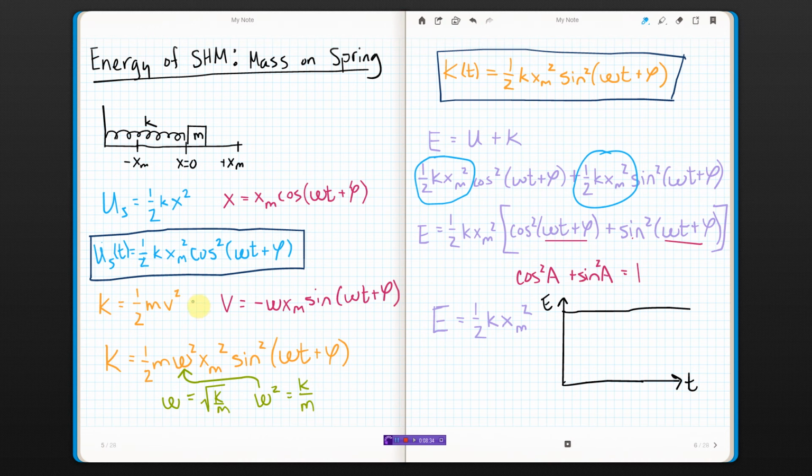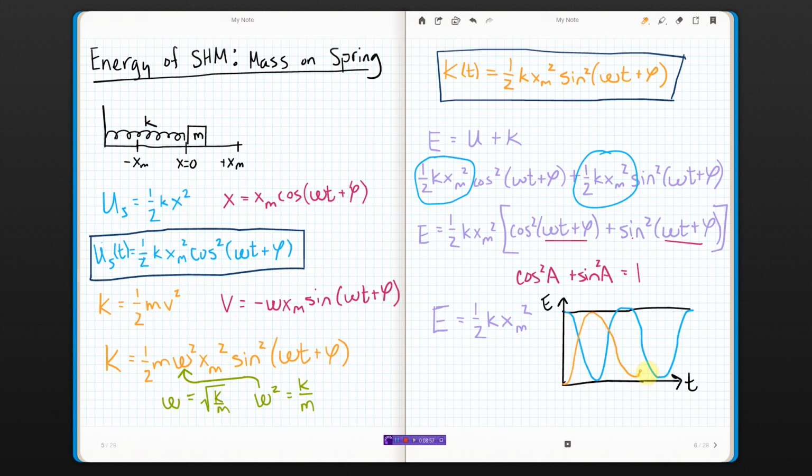So let's see. Cosine squared function means I'll start up here and I'll go like this. This might be a little sloppy, sorry. And the kinetic energy will do the other way.